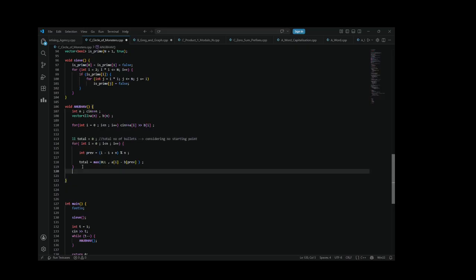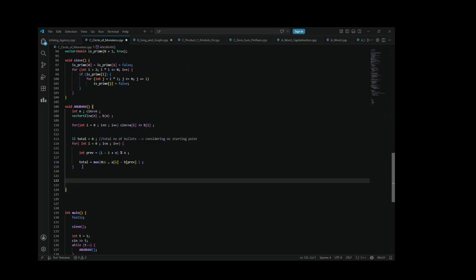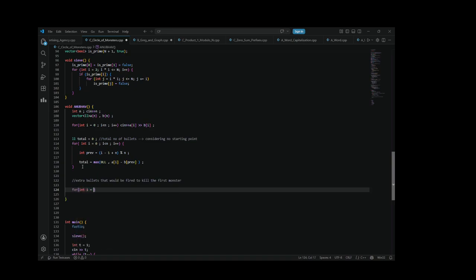But as we already know that there will be starting points, we need to fire some extra bullets that would be fired to kill the first monster. So for that, let's iterate again in the code.